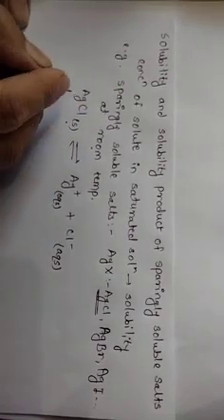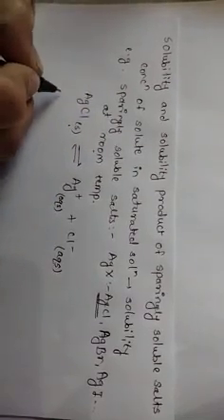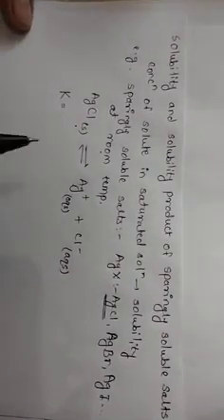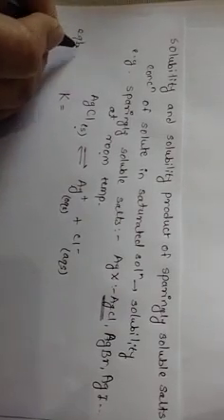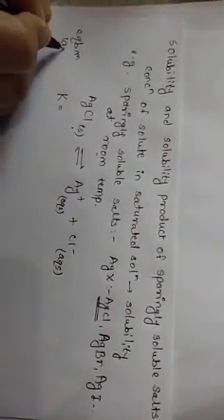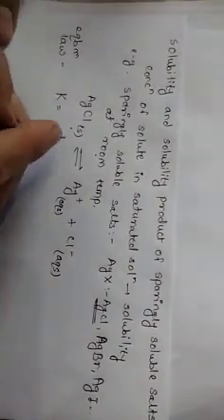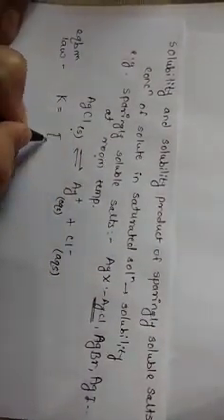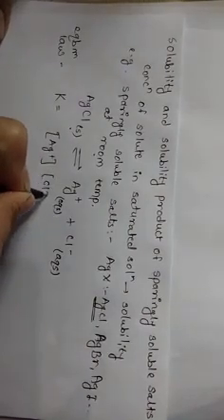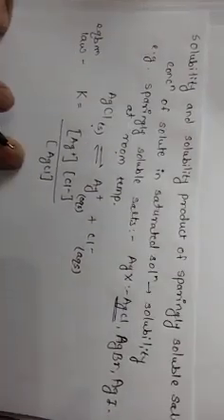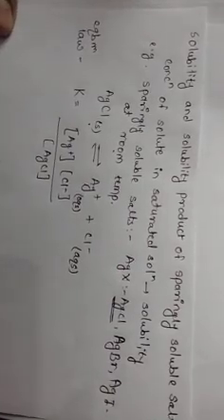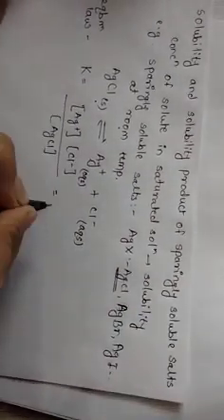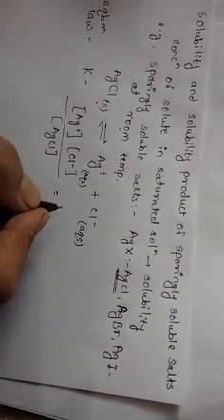So we can apply the equilibrium law, and write the concentration of Ag plus into the concentration of Cl minus divided by the concentration of the reactant, that is, the undissociated AgCl. But we can also write this in the form of activity.